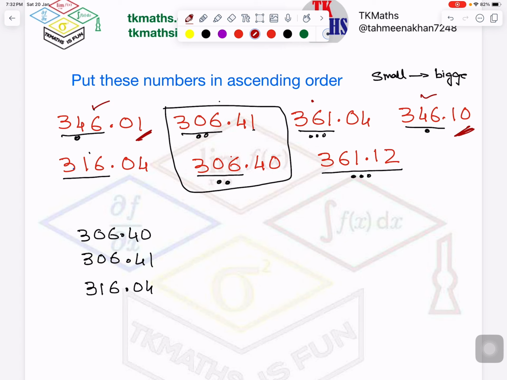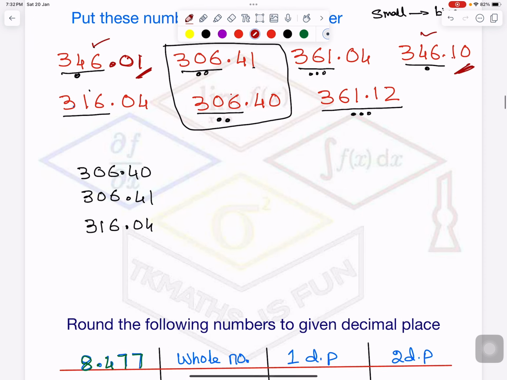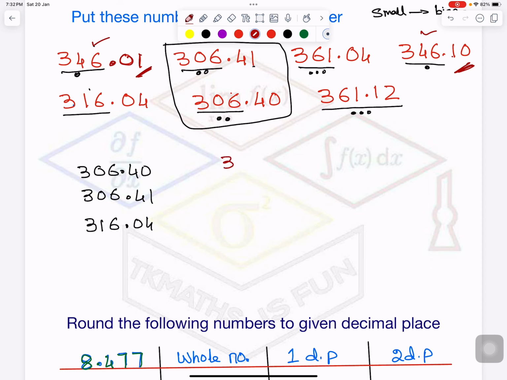If I see here, 346 is same, but after decimal it is 01. 01 mean 1 and it is 0.10. So 0.10, if you forget about point and consider it as 10, so it is bigger. So that's why I will write 346.01 and then I will write 346.10. So this is also done and this is done.